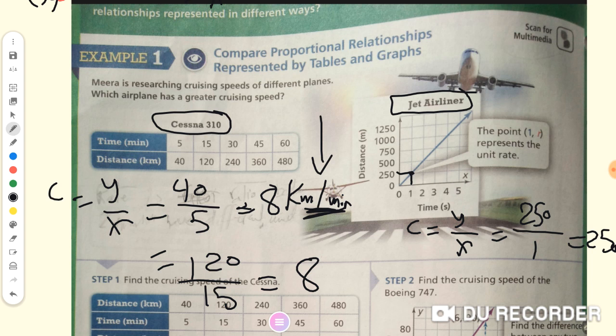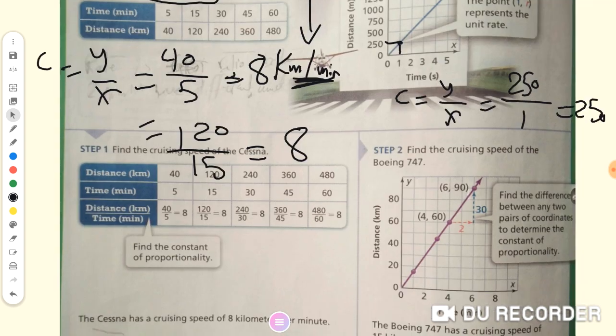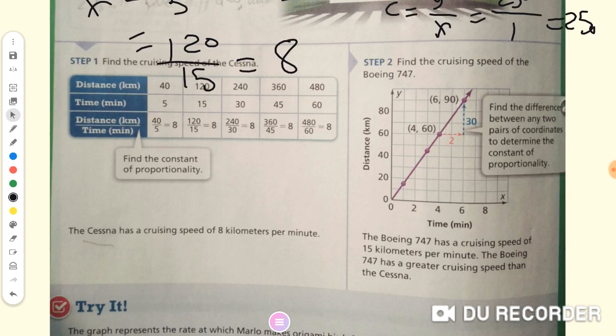To compare them, it seems here it's by second and here by minute to represent the rate. We calculate the proportional constant, and we have to convert the jet airplane's relation to be in minutes, because the first one is in kilometers per minute and the second is in meters per second.